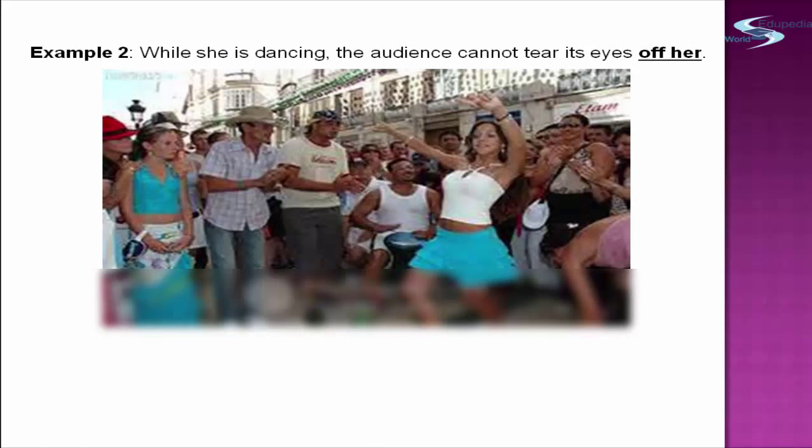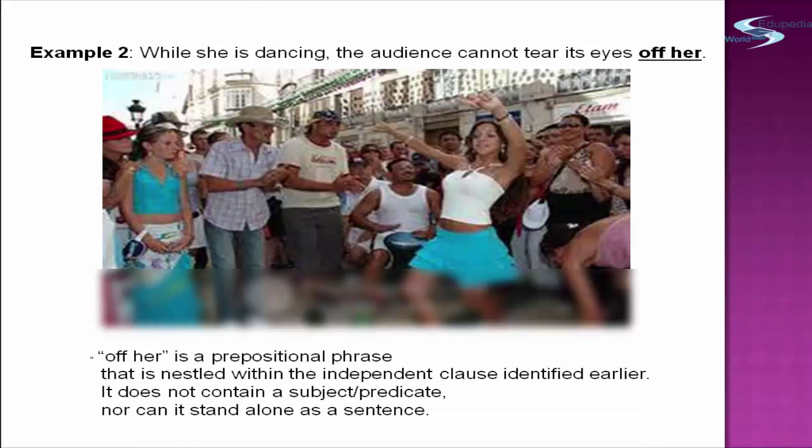Example 2. While she is dancing, the audience cannot tear its eyes off her. In this example, off her is a prepositional phrase that is nestled within the independent clause identified earlier. It does not contain a subject nor predicate, nor can it stand alone as a sentence.